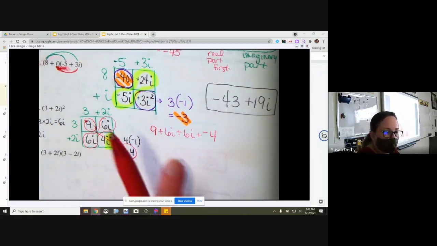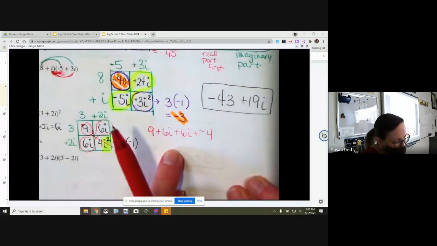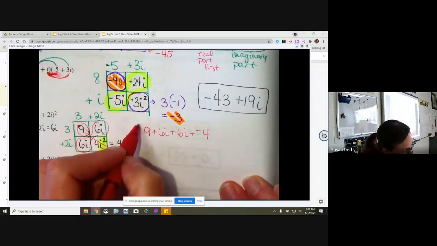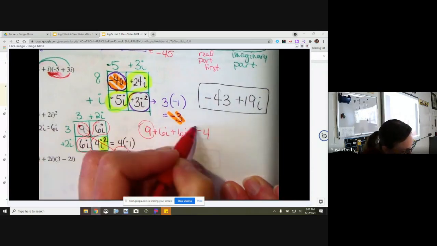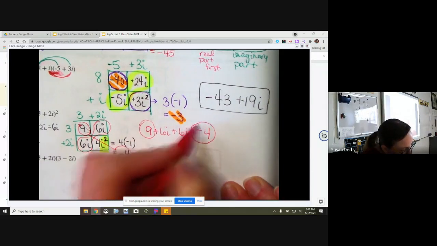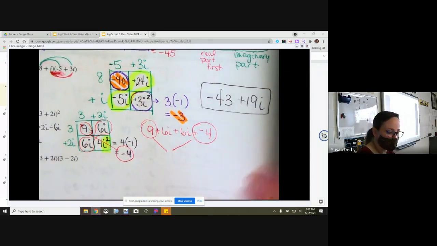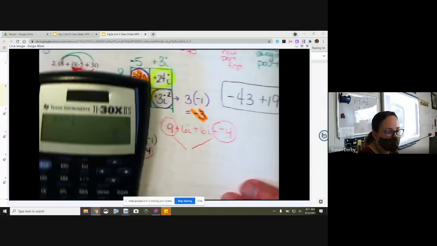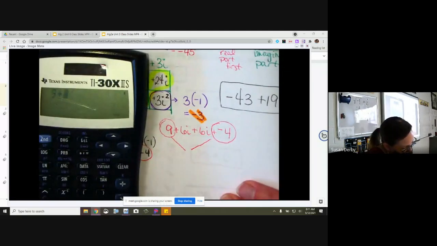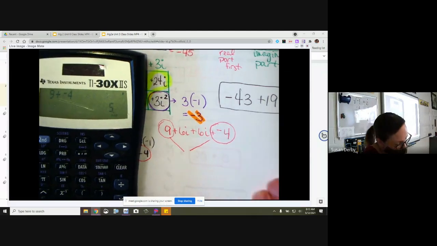And now we're looking back at what we saw in lesson 11 and 12, where we're going to find the real parts and add those real parts together. 9 plus a negative 4 is a positive 5.